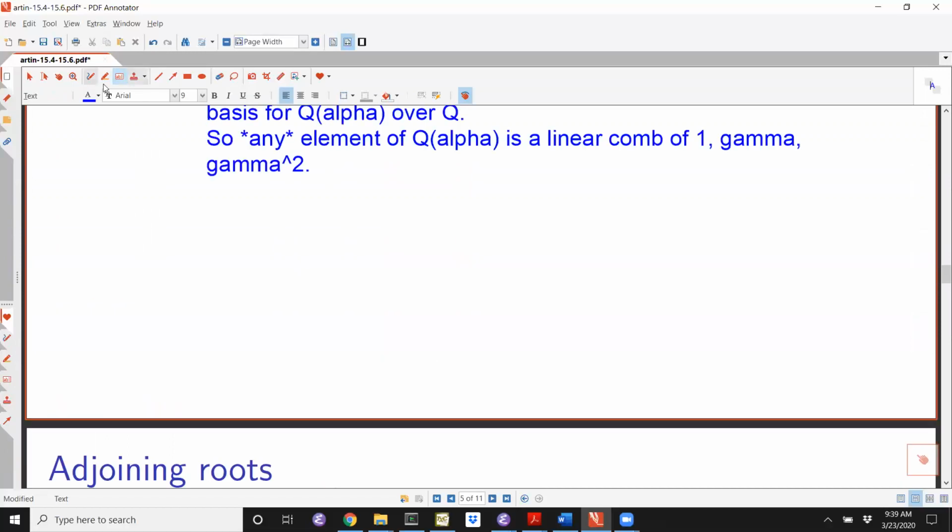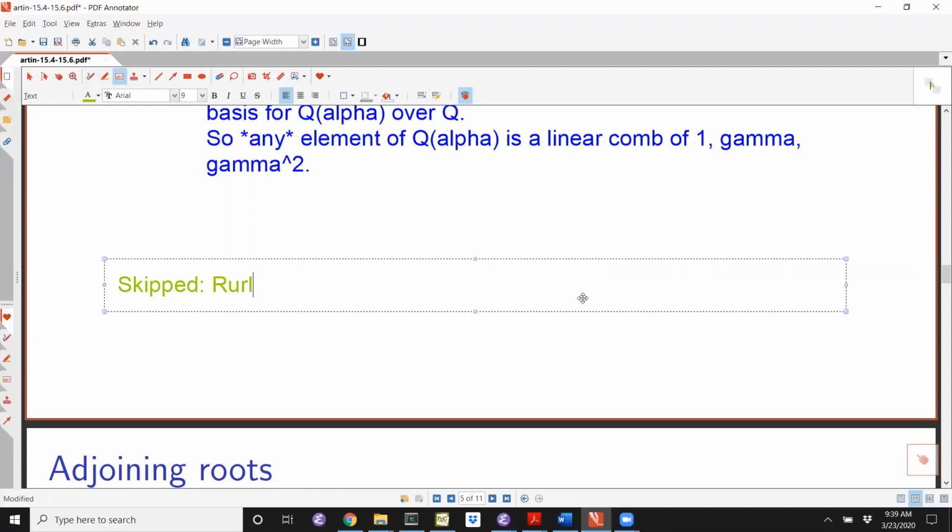Let me note that, just in case. That stuff is really fun, but it's not strictly necessary for what happens later. So we skipped ruler and compass stuff. And let me check.